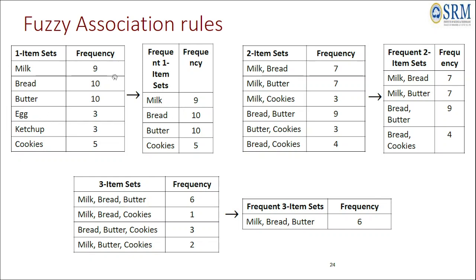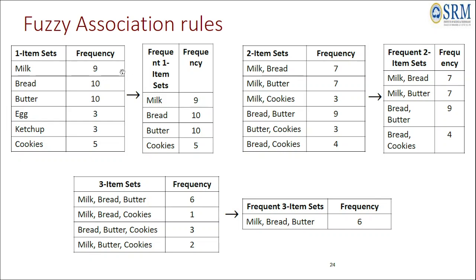We are going with 9, 10, 10, and 5. 5 is also, if you see, 5 by 12, which is also more than 30%. So these 9, 10, 10, 5 are the four cases that we are having.